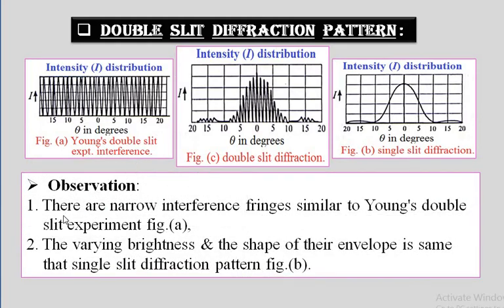The general observation: there are narrow interference fringes similar to Young's double slit experiment, and the varying brightness and shape of their envelope is the same as that of the single slit diffraction pattern, as shown in the figure.